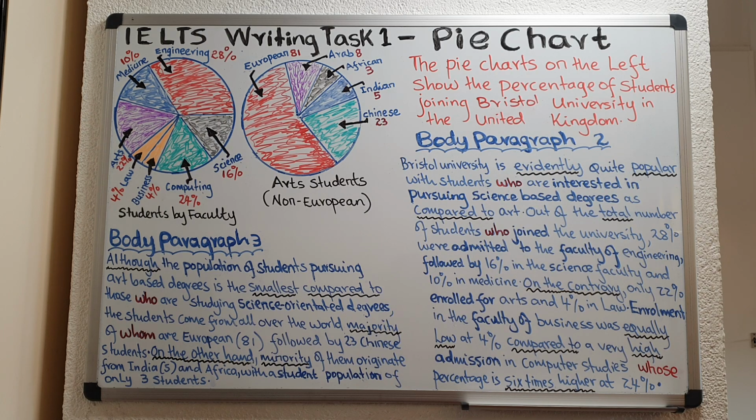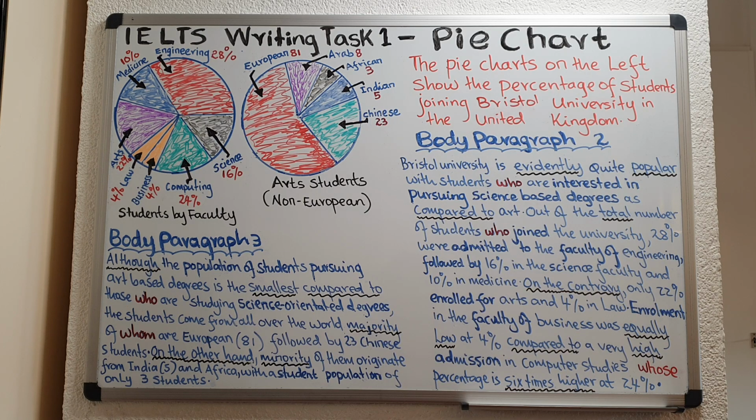The pie charts are basically showing us the percentage of students joining Bristol University in the United Kingdom. So when we look at the 2 pie charts, we're able to know how many students joined the different faculties and from which countries they come from. What's their ethnicity?